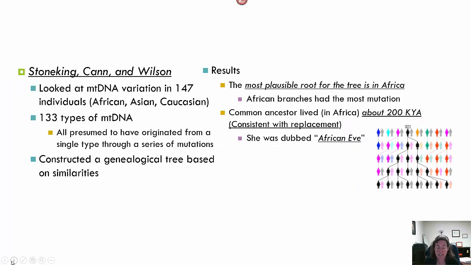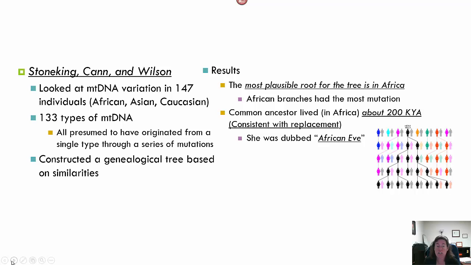A group of geneticists, Stoneking, Cann, and Wilson, at Berkeley, looked at mitochondrial DNA variation in 147 individuals. These are people who are African, Asian, Caucasian. Of these 147 individuals, they identified 133 different types of mitochondrial DNA, all presumed to have originated from a single type through a series of mutations.